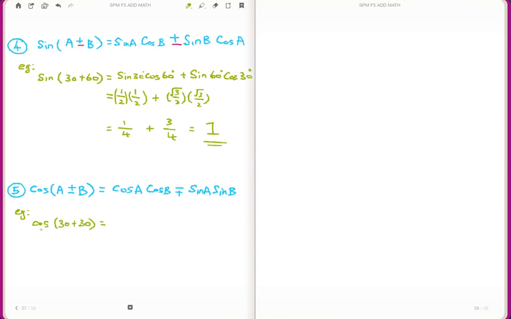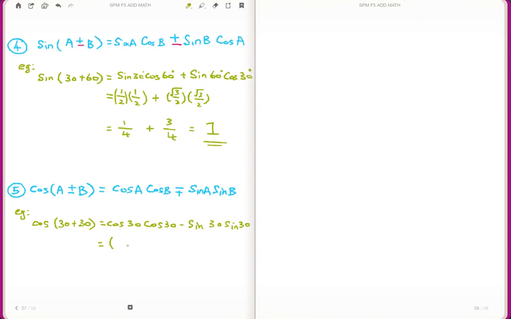Equals. You have a cos, so therefore it will be cos A cos B. But my B appears to be the same angle, so it's 30. And remember, it's plus, so it will become minus, sine A sine B. My B is the same angle, so it turns out to be 30. Let's see if it works.